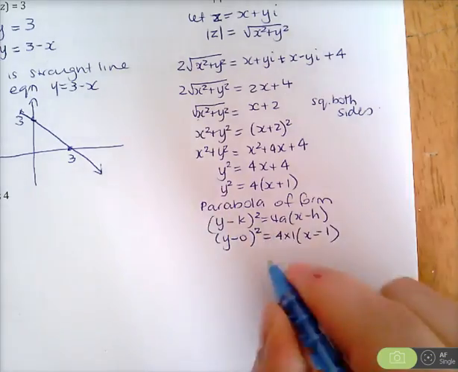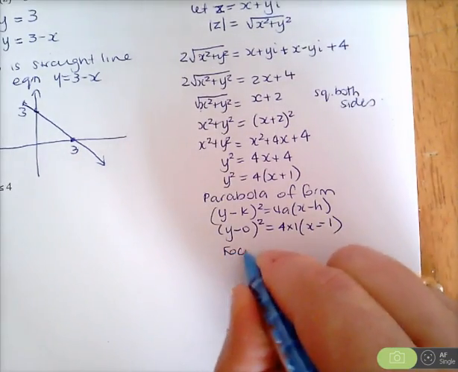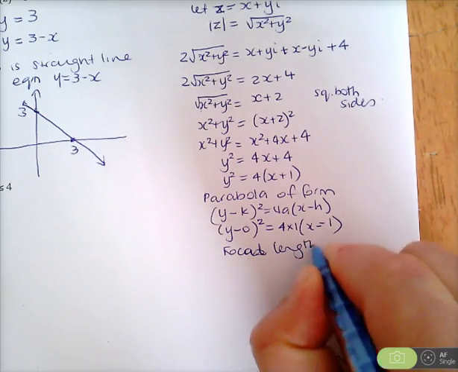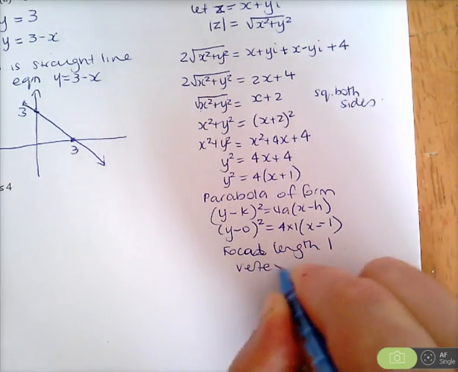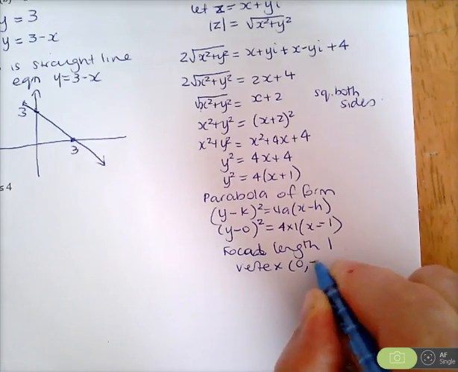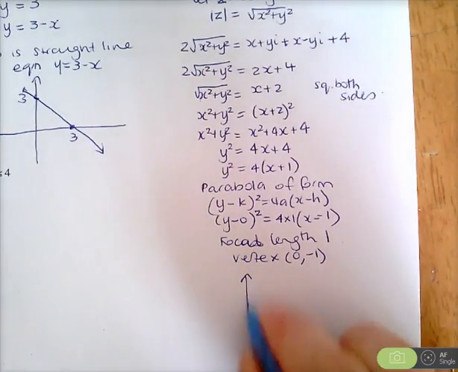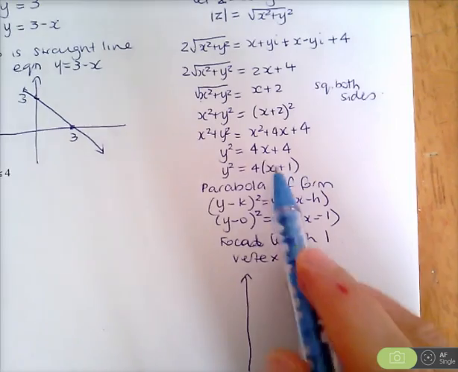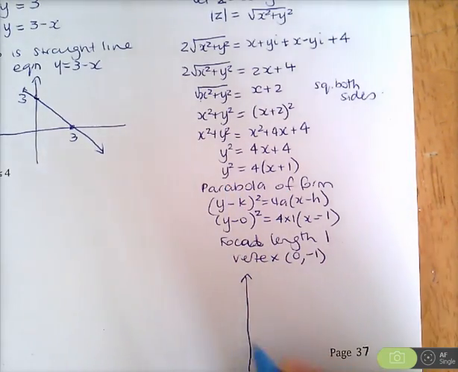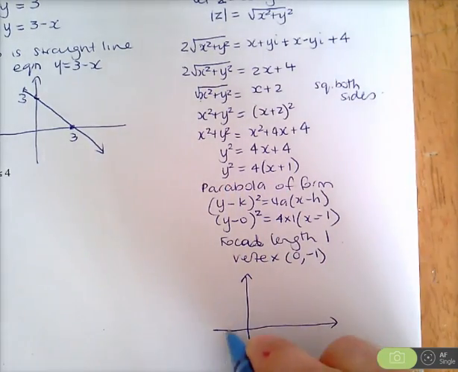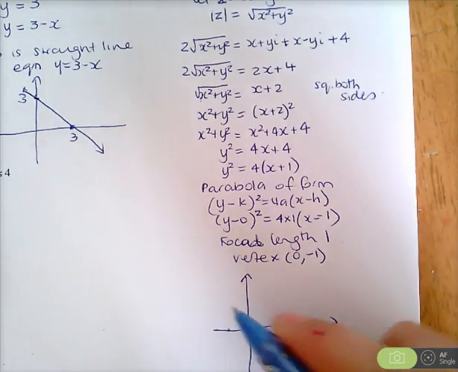Therefore we have a sideways parabola. The focal length is 1, and the vertex of this parabola is (0, negative 1). It's a sideways parabola because it's the x is y squared type, not the y equals x squared type. So we've got the vertex at (0, negative 1).